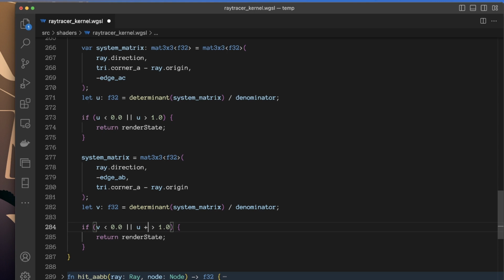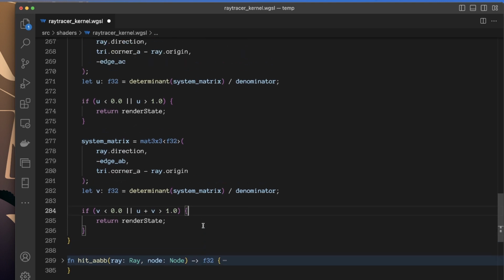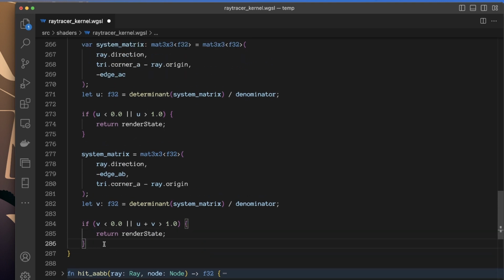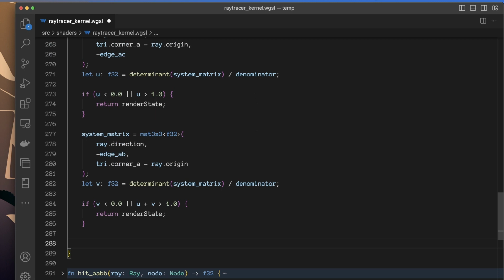So if u plus v exceeds 1, that's bad. All right, cool. So just return in that case. But if we get to this point, then we're probably fine. So we can go ahead and solve for t.